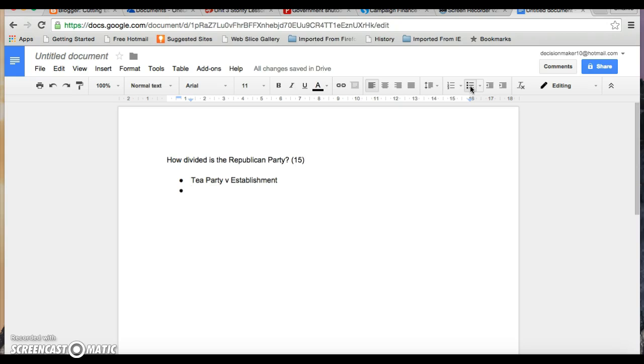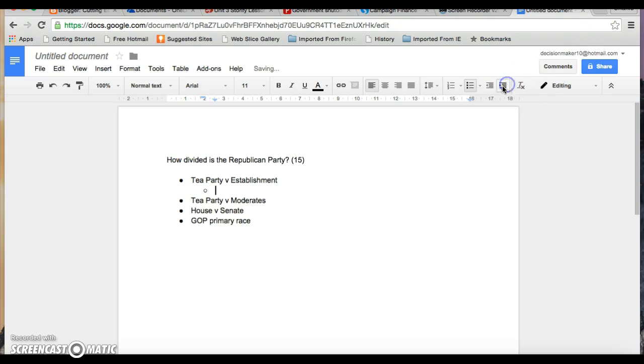Then, para 2, I could probably talk about Tea Party versus moderates. 3, House v Senate. 4, I could talk about the GOP primary race. If I wanted to, I could do a little counter for each one.